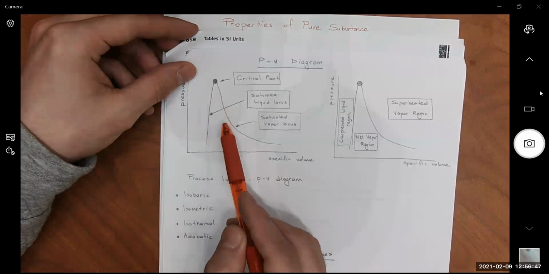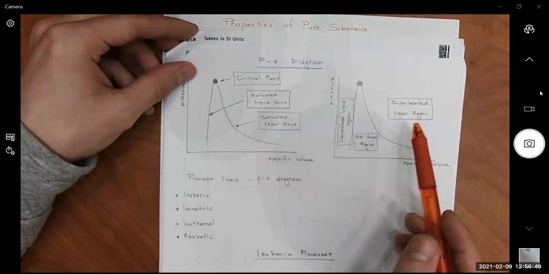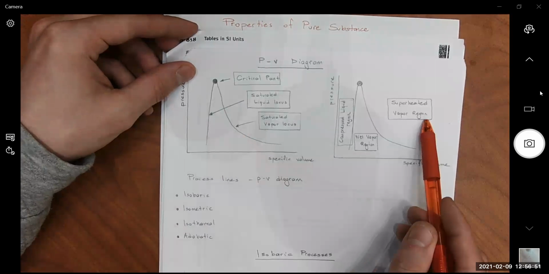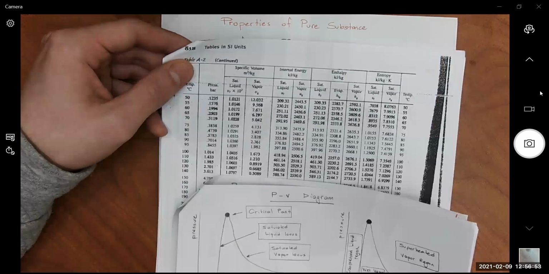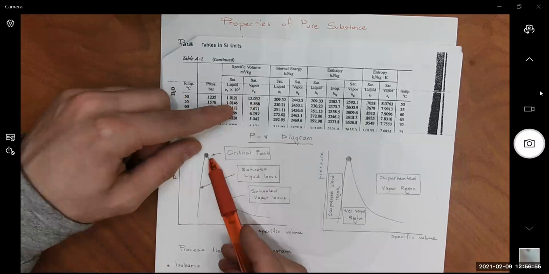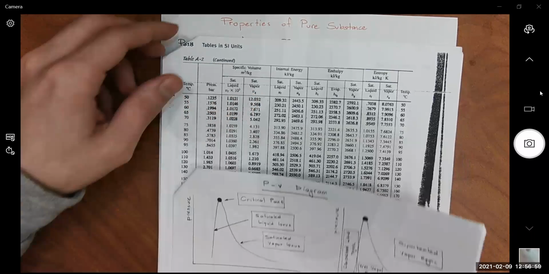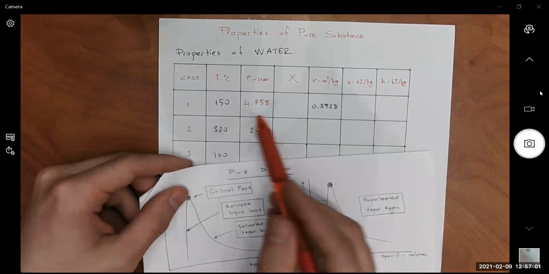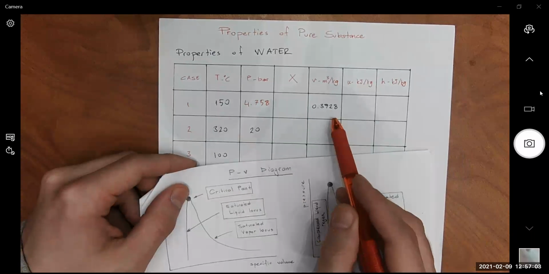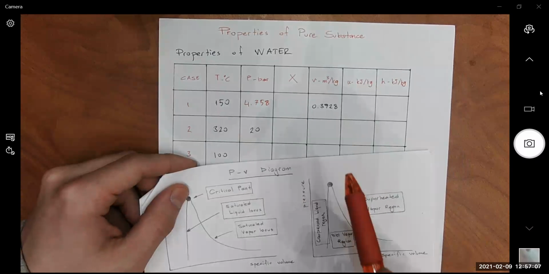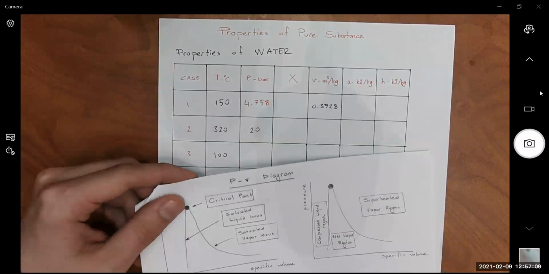Critical point, wet vapor, compressed liquid, superheated vapor, right? So in this table, saturated vapor and saturated liquid values are given. So when we check at this temperature for the specific volume given at 0.3928 meter cube per kilogram, I found out that my phase is saturated vapor.